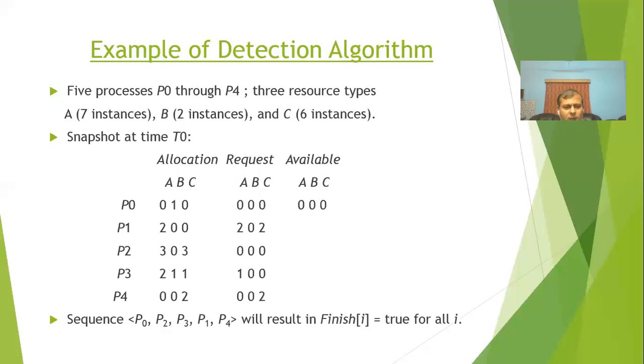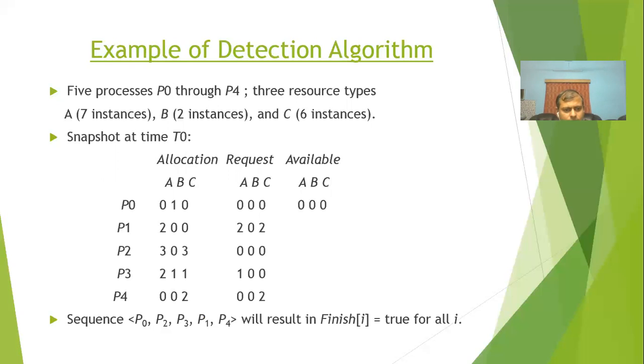At a particular time t0, we get the snapshot which we can see on the screen now. If you add up all the values in the A column for all the processes, it will come to 7. If you add all the values in the B column, it will come to 2, and the same for C, it is 6.